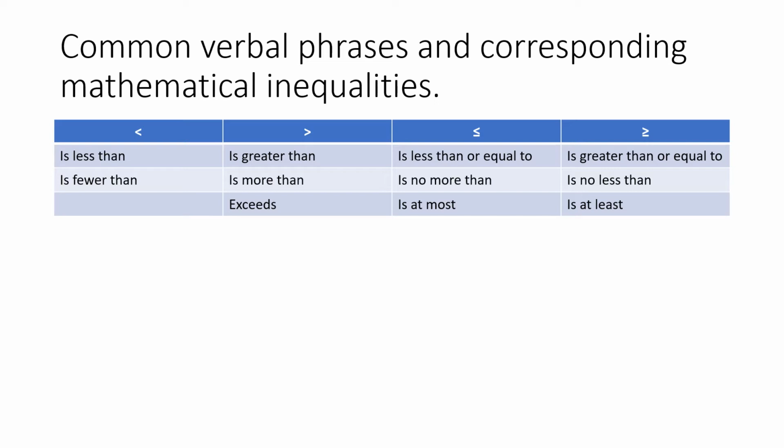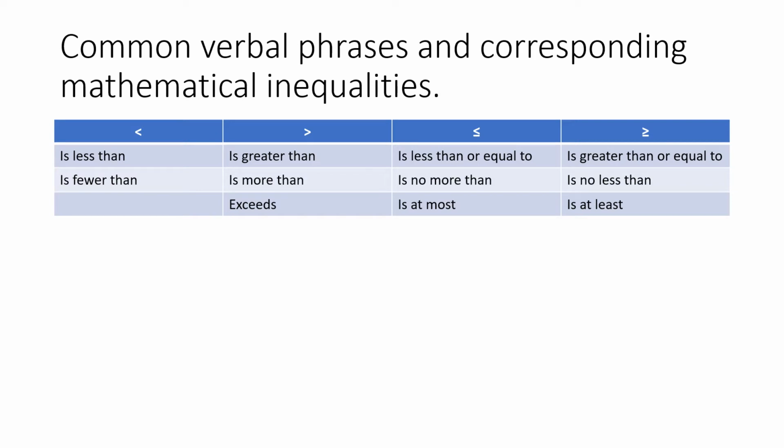For the less than or equal to sign, obviously the phrase is "less than or equal to," but sometimes it's written as "is no more than" or "is at most," because it doesn't go past that number. And then the same for the greater than or equal to: we could also encounter "is no less than" or "is at least."